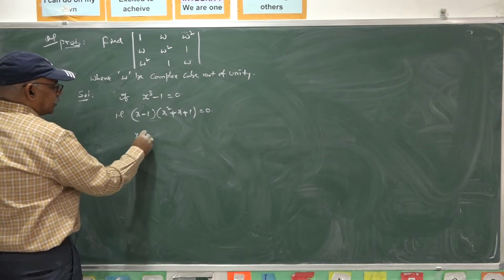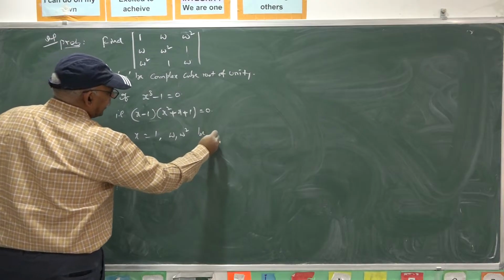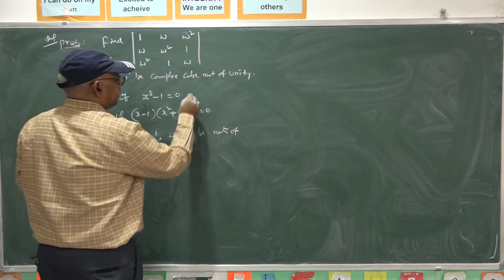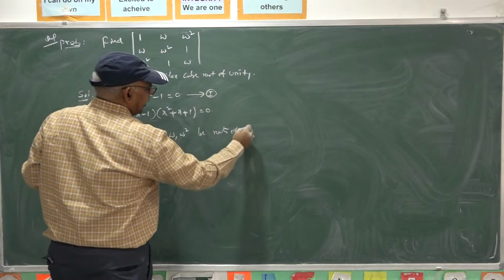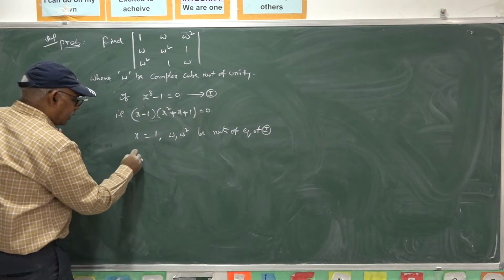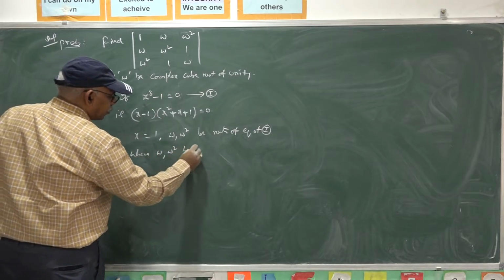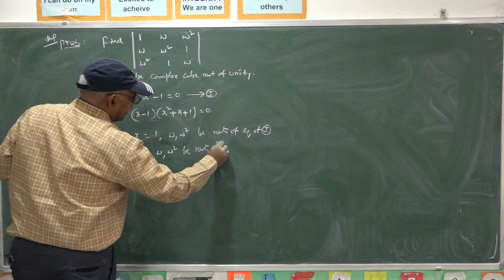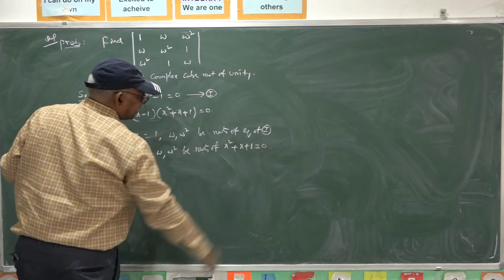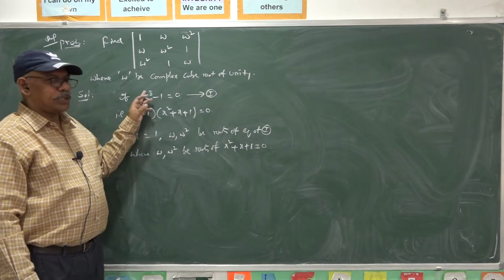So x equals 1, and omega, omega square are roots of equation 1, where omega, omega square are roots of x square plus x plus 1 equals 0.